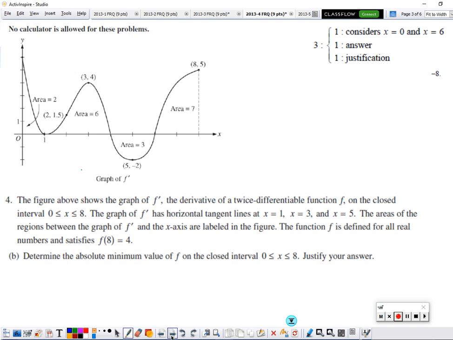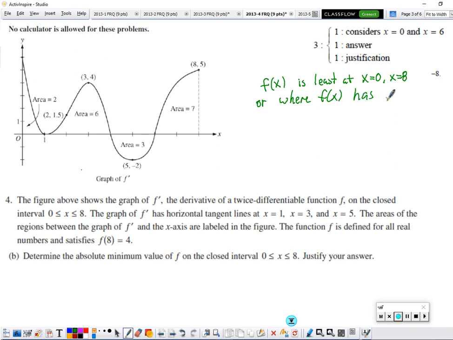So what I would write is, I'm going to write the theorem big because it makes it easier for me to make sense of what I'm writing. So I'm going to say F is least at x equals 0, x equals 8, or where F has a local min.